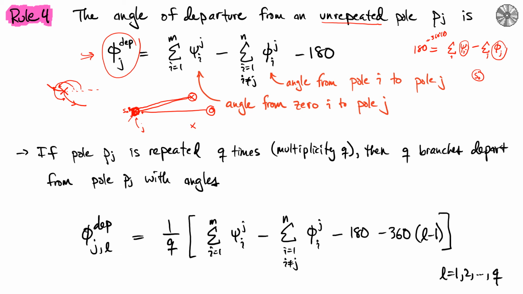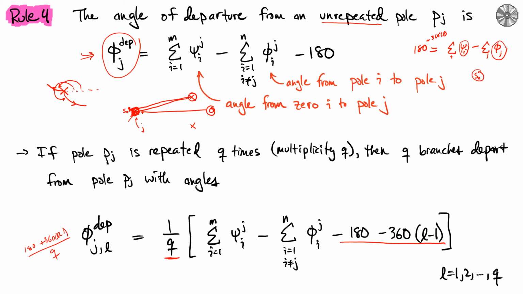This gets modified just a little bit when we have repeated poles and we're trying to find the angle. This really comes back to the idea of Rule 5, which is why I presented it earlier, which is about the multiplicity. Multiplicity said that if the branches are ever coming together, they need to split away at certain angles. And you see that quantity, the previous rule said 180 plus 360 times L minus 1 over q, where q is the multiplicity. That term is embedded here in this new formula right here.